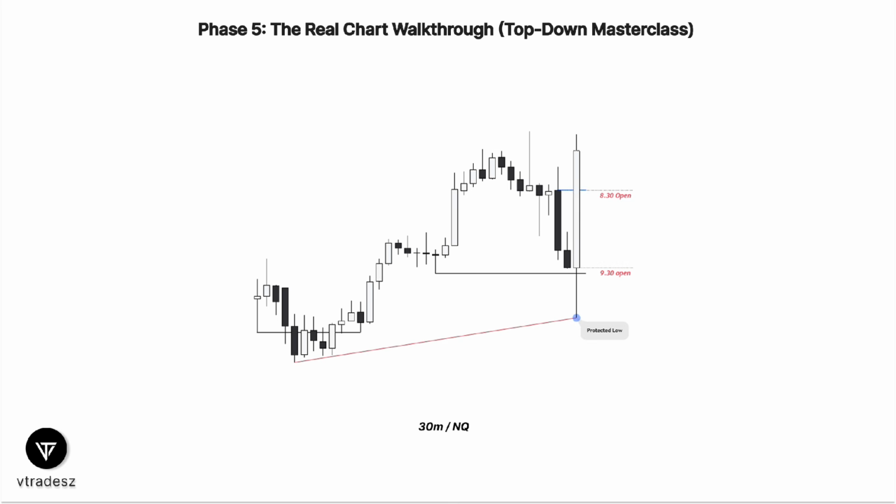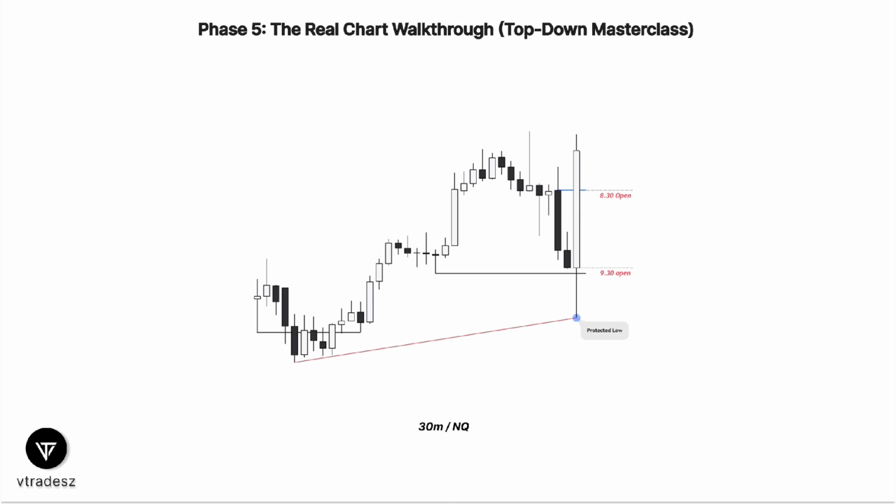But look at where that 9:30 drop stops. It violently rejects right above our higher time frame SMT line, creating a protected low. This entire morning drop was nothing but our manipulation phase, designed to trap early shorts and grab liquidity before the real move. The trap is set.